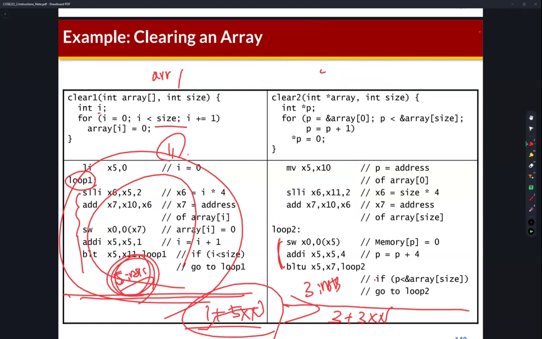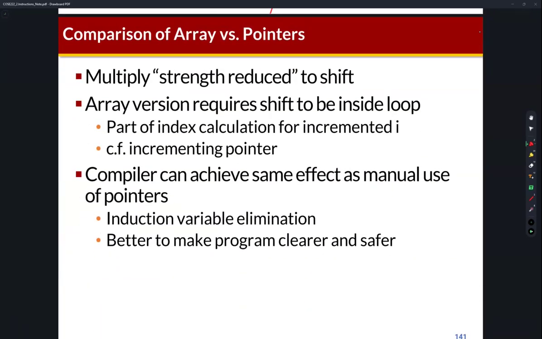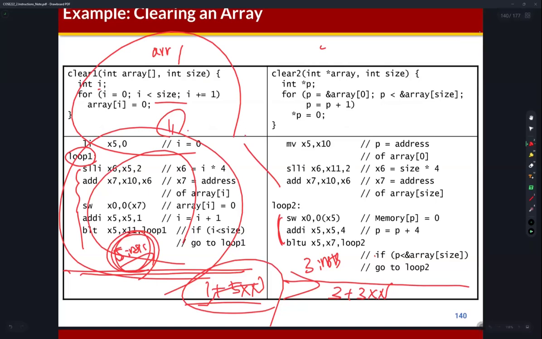Actually, you don't need to worry about code optimization. We can use the array version, okay? Even though we access array elements using array indexes, these operations can be optimized by the compiler. Even though we write code like this, the compiler can generate assembly code like this.